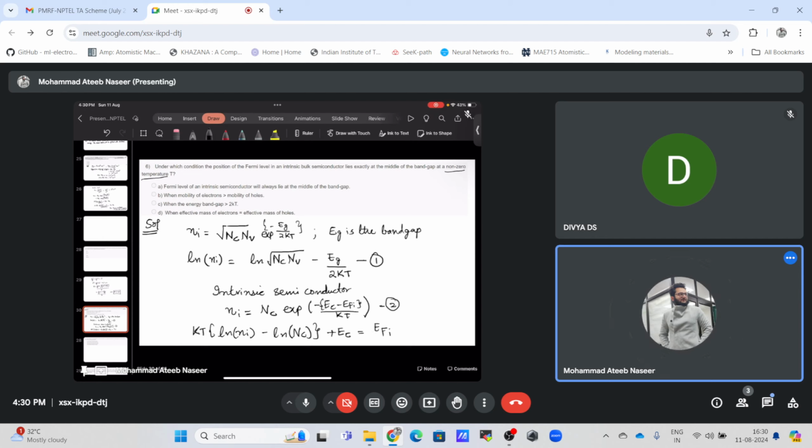So this is the expression for EFi, the intrinsic Fermi level.